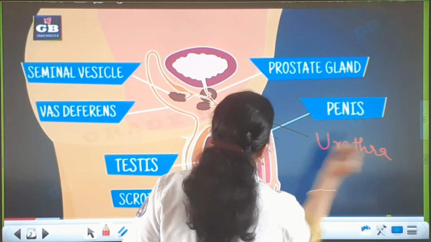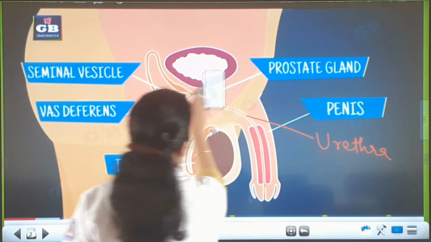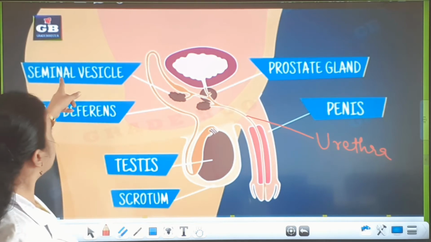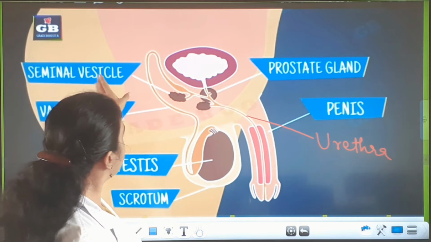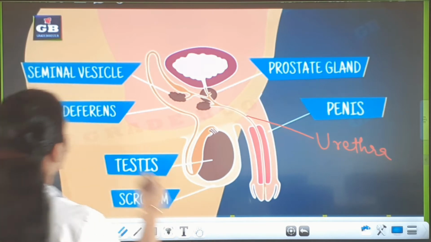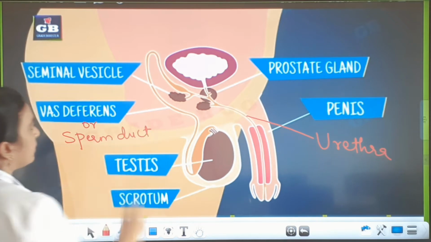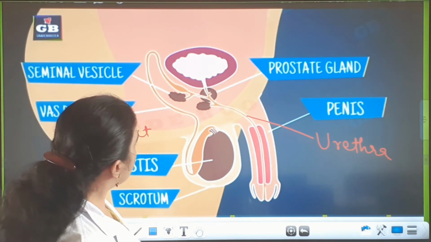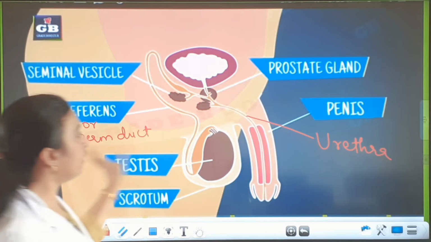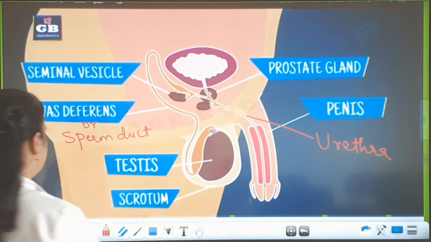And you can see the 2 glands, seminal vesicles and accessory glands such as prostate gland. Then vas deferens or sperm duct, that is also a paired structure, and penis. These are the main organs in the male reproductive system.